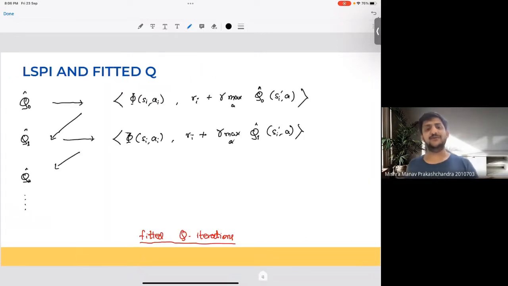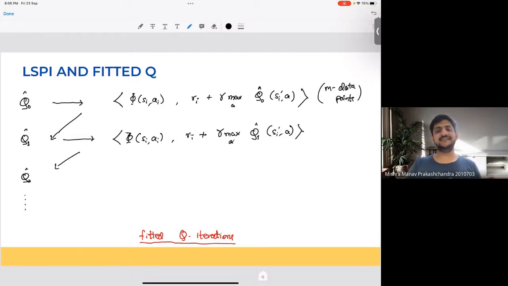And similarly, you have a fitted Q method. So this is the last slide. The fitted Q method works as follows. You have an estimate of Q0 hat. Okay, you use that estimate to generate some m data points in the following format.